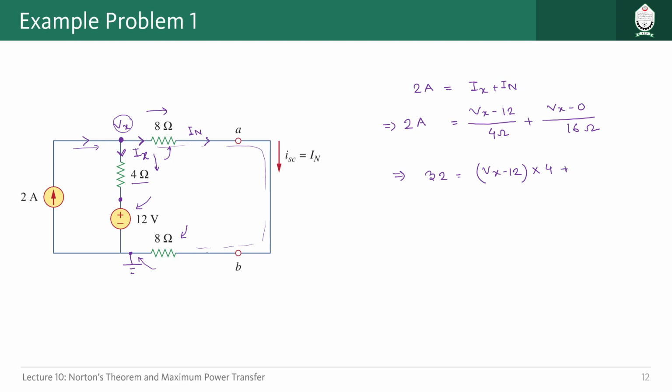Four plus Vx, right? And then we can again simplify it further. So 4 Vx minus 48 plus Vx, we can keep this here, so it will be 32 plus 48, and here we have 5Vx.